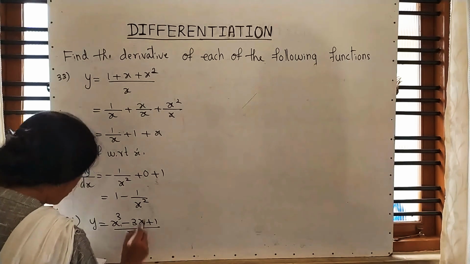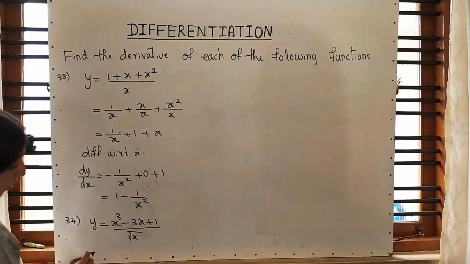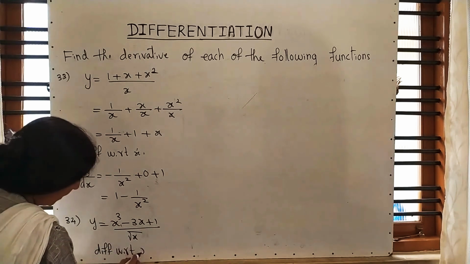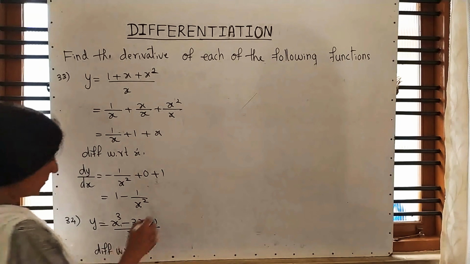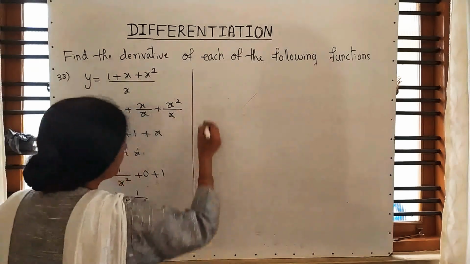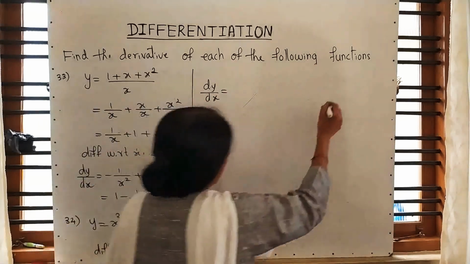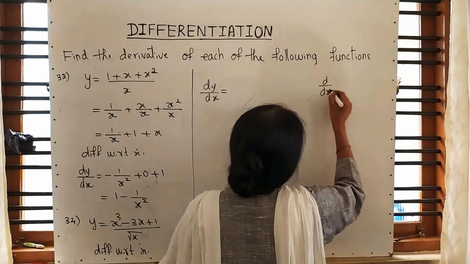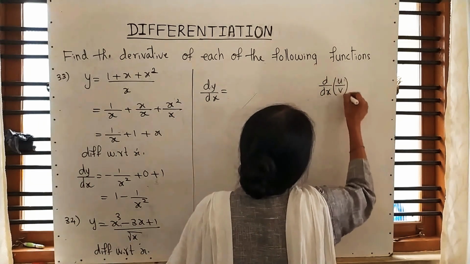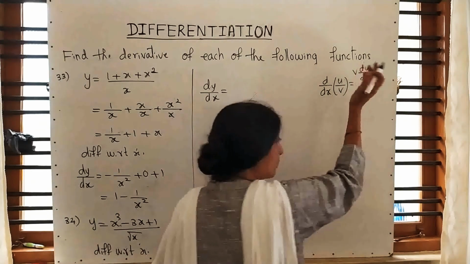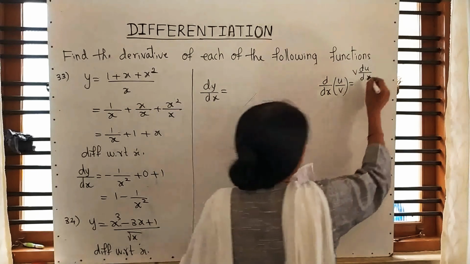Here also, if you want, you can apply the previous method, or you can apply the u by v method. Differentiating. Now I am writing the u by v method. Open that formula list. Differentiation of, let's just see, differentiation of u by v is what? V into differentiation of u, that is, denominator v before differentiation means keep as it is.